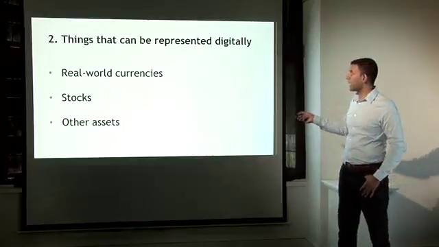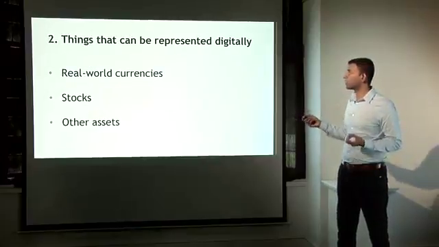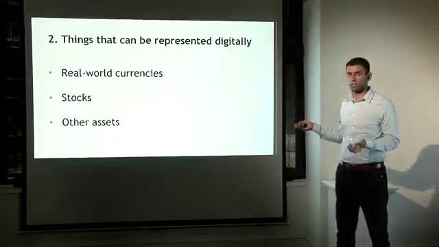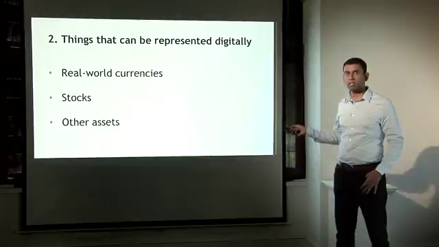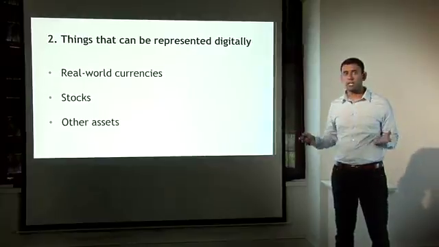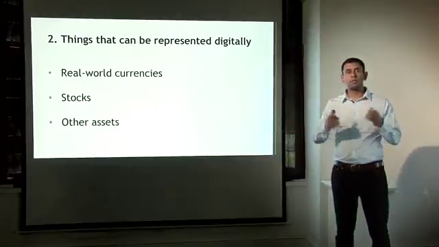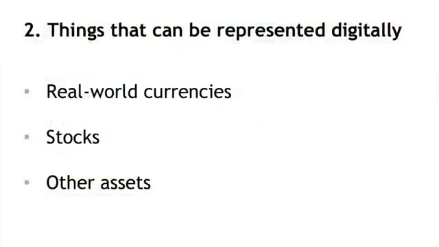Let's move on to the next category, which is things that aren't inherently digital, but can be represented digitally. This is a big category, real-world currencies of all kinds, stocks, bonds, and other assets, and so on. And this is where perhaps a huge amount of the excitement is of how to use blockchains for other things. And so what does this mean? Let's look at colored coins as one example of the specific mechanisms that you might use for decentralization.